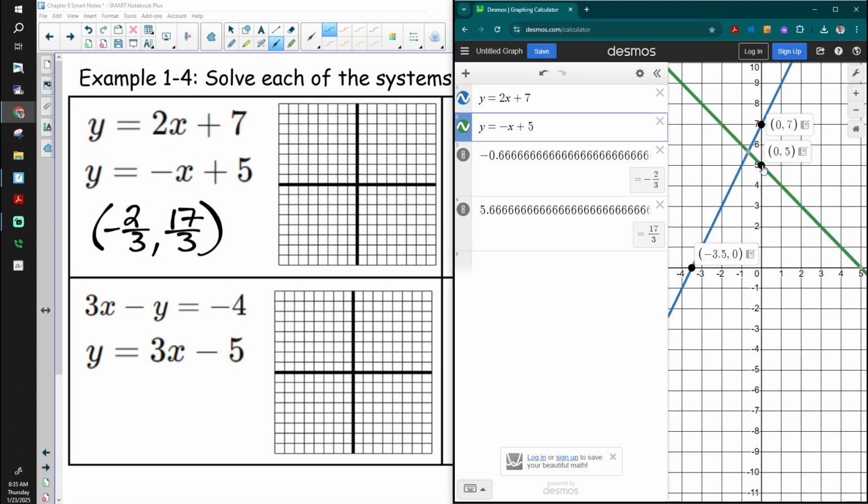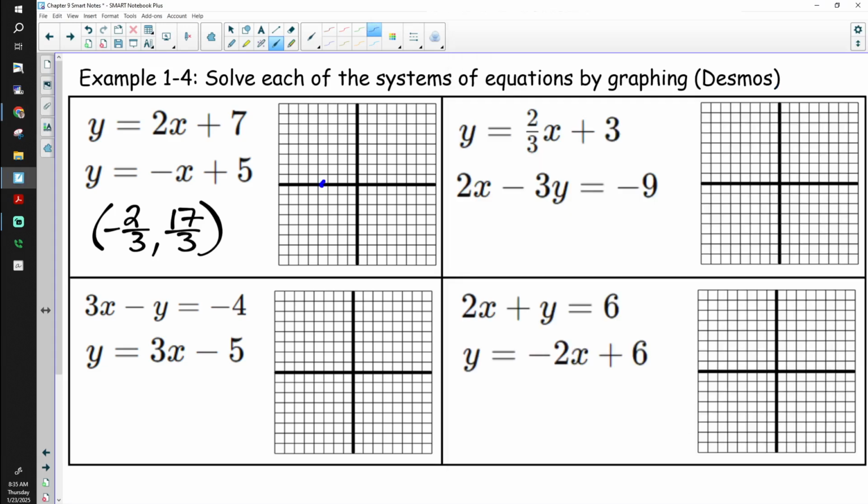Here I have the points 5 and 5. I should be at least doing my best. 1, 2, 3, 4, 5, 6, 7. And I had 1, 2, 3, 4, 5. Doing my best to sketch each of my graphs.